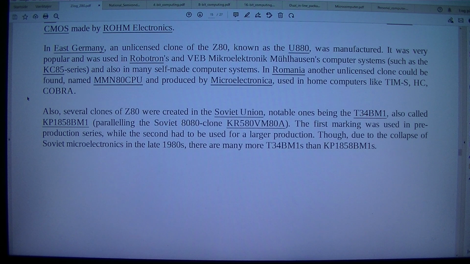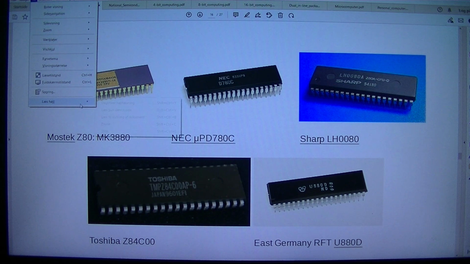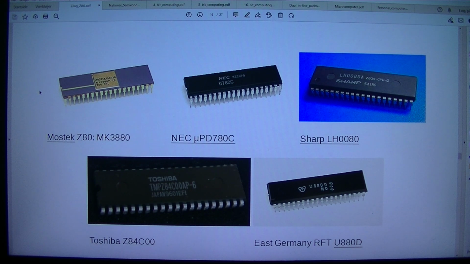In the late 1980s, there are many more T34BM1s than 8581s. Most Z80 clones: MK3880, NEC PD780C, Sharp LH0080, Toshiba Z84C00, East Germany RFT.